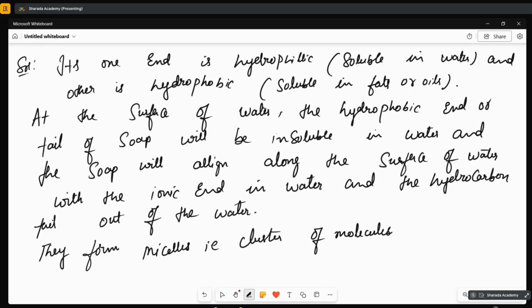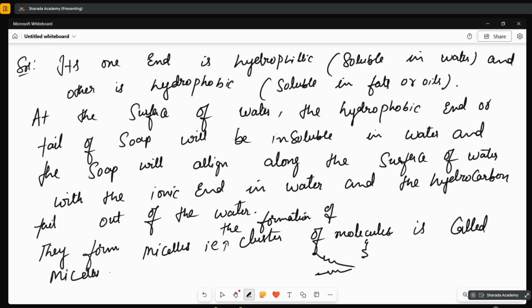The formation of a cluster of molecules is called micelles. So how they combine together like clusters, how they are oriented, each molecule oriented together, that they call micelles.